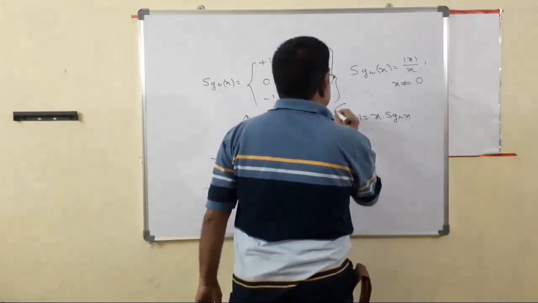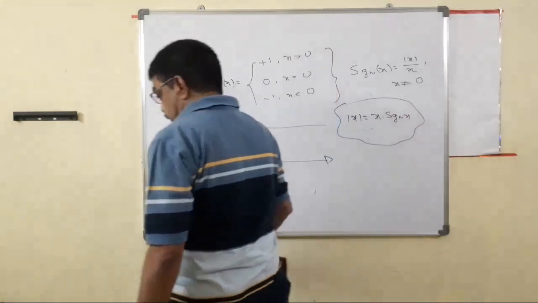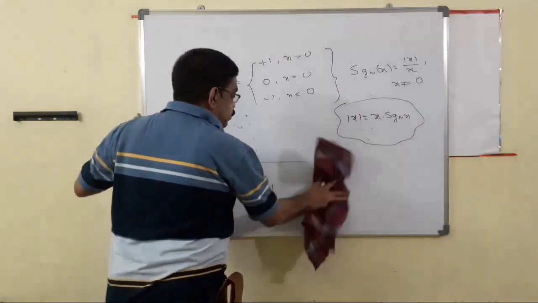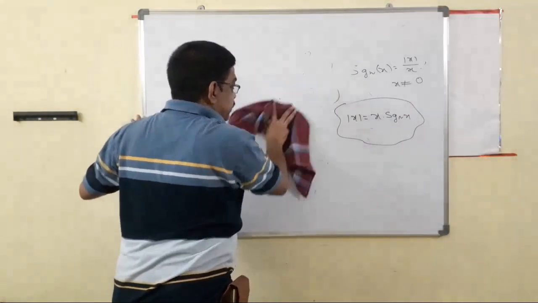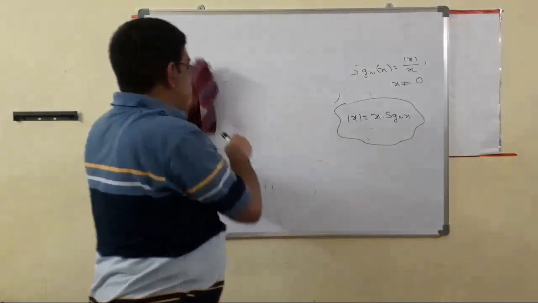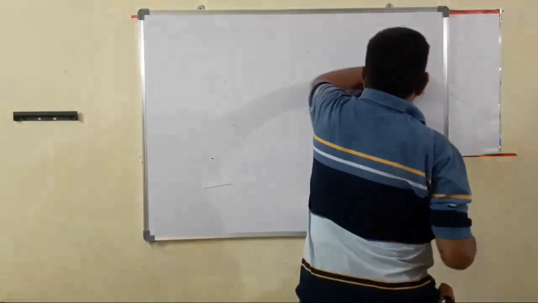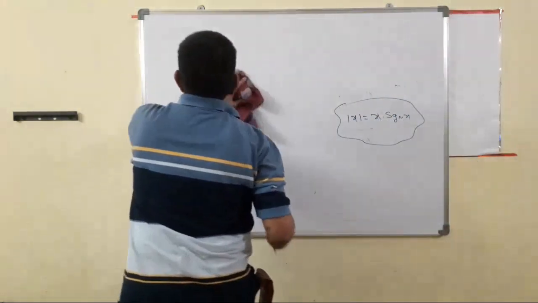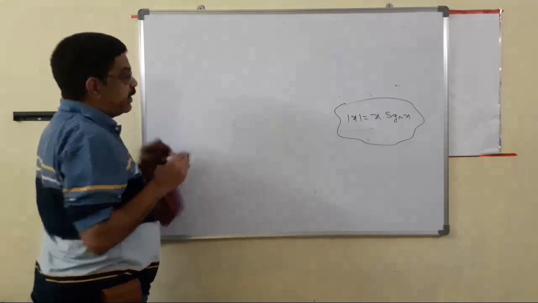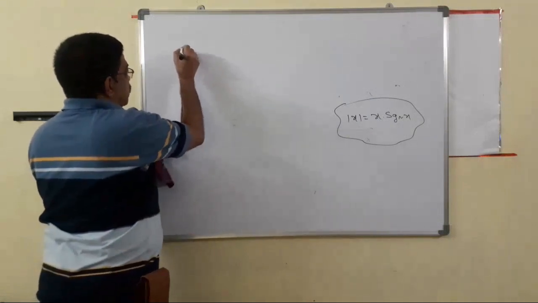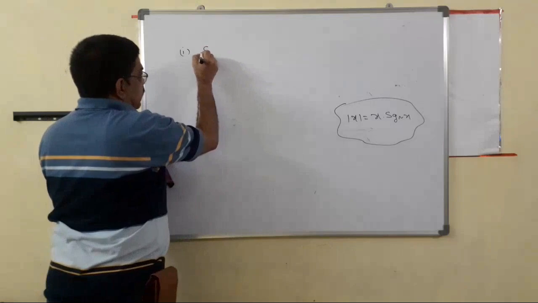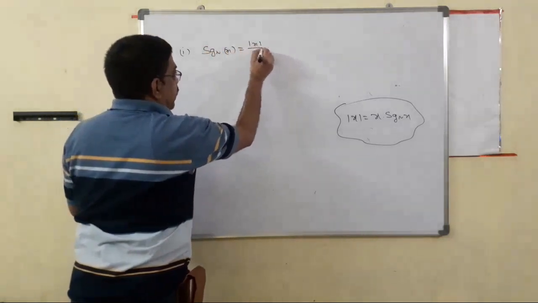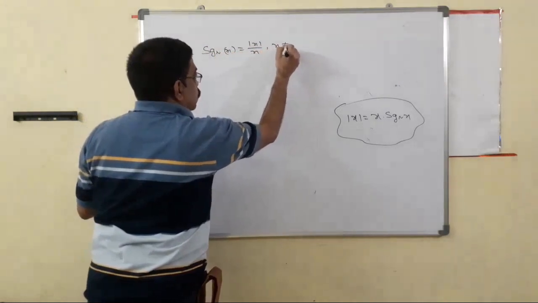This is my method. Mod x equals x times signum x. Remember it. Now I need your involvement. The first formula is signum x equals mod x upon x, x not equal to 0.